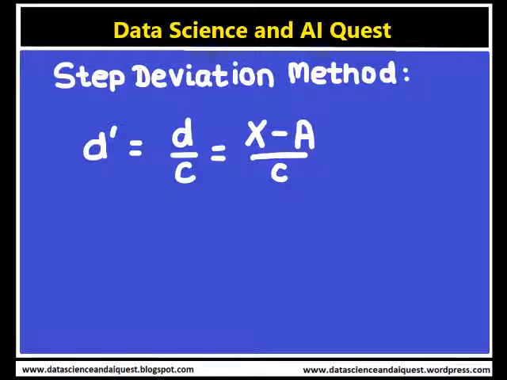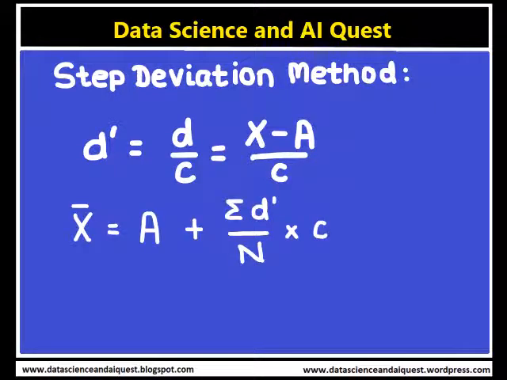That is, if d equals x minus a, which is very large, then one needs to find d cap. This is done as follows: d cap, the deviation cap, is computed as d by c, which is equal to x minus a by c.